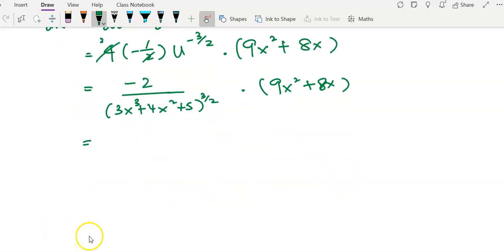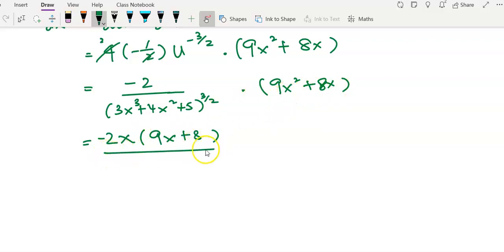And simplify, both terms have x, so I can take out the x. Negative 2 multiplied by x, and here you have 9x plus 8. Once you factor out the x, you have 9x plus 8 over 3x cubed plus 4x squared plus 5, to the power of 3 over 2.